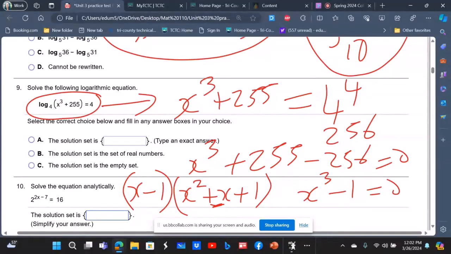If you graph this equation, notice that this part is not real, it's imaginary. So the only real solution is x equals 1. I think we already graphed it before we left on spring break.